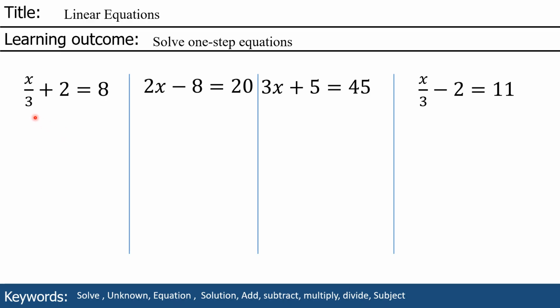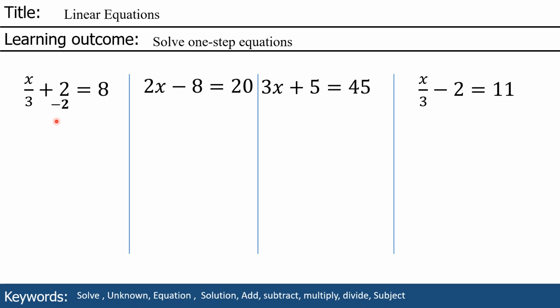So here we have x divided by 3 add 2 is equal to 8. We have to reverse the last operation that was done to x. So the last operation that was done to x is add 2, and the reverse of add 2 is subtract 2.